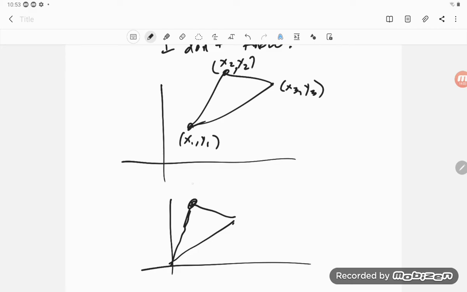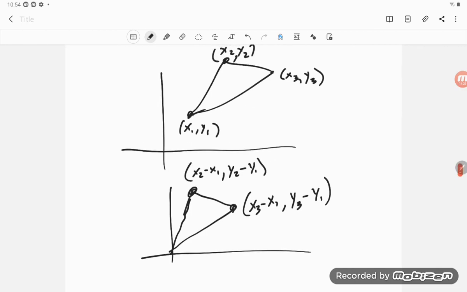And so this would be the x2 minus x1, y2 minus y1, and this would be the x3 minus x1 and y3 minus y1.